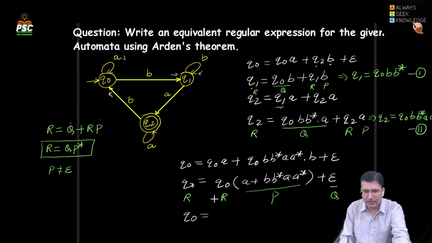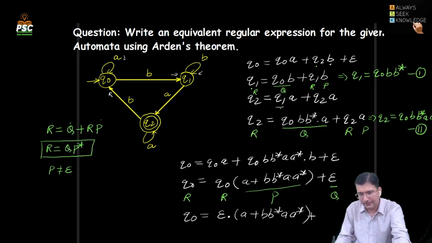R is equal to QP asterisk. So Q is null. P asterisk means A or B asterisk A asterisk, whole asterisk, right? So if we represent this thing, this null concatenated with this thing will give you A or B asterisk A asterisk, whole asterisk.